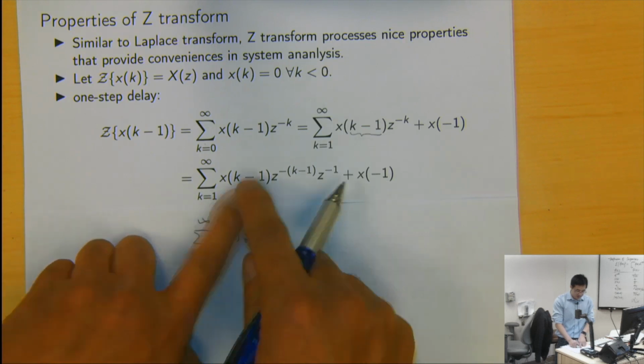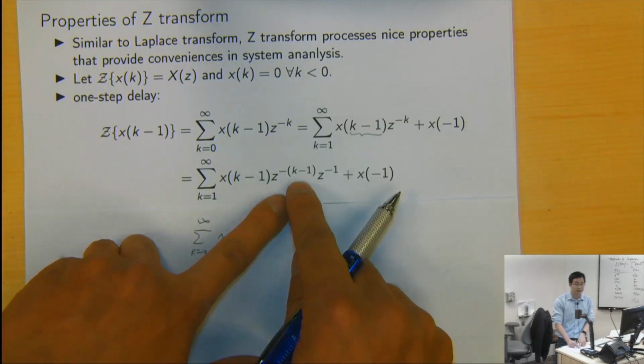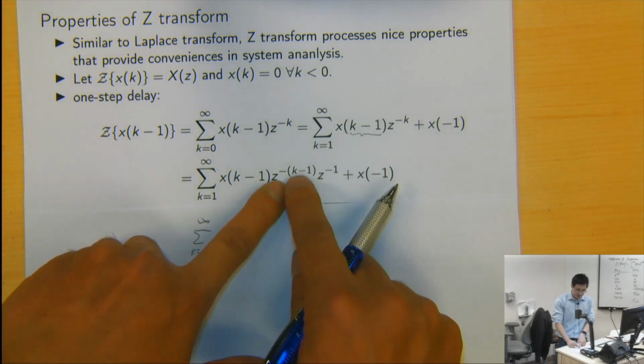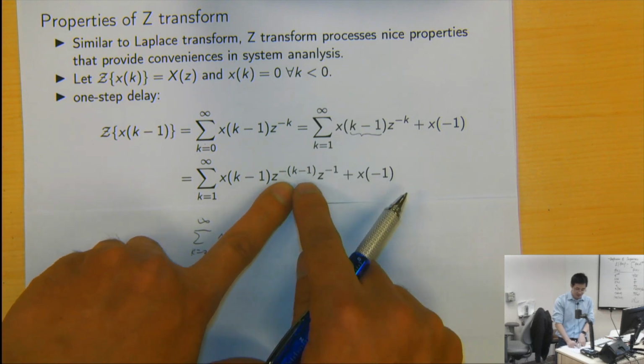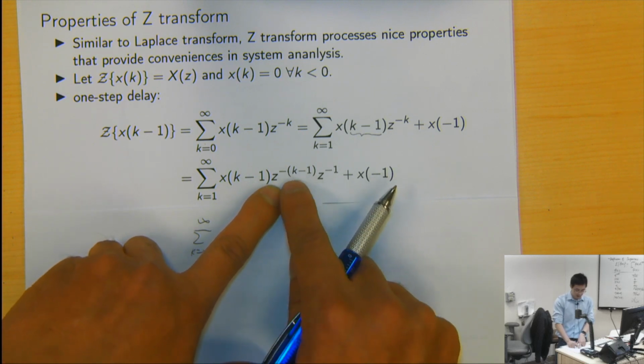I see that the index is k minus 1, k from 1 to infinity. I just create a similar index in the z. I created the index k minus 1 here, so it's z to the power of negative k minus 1. So I have an extra z inside.